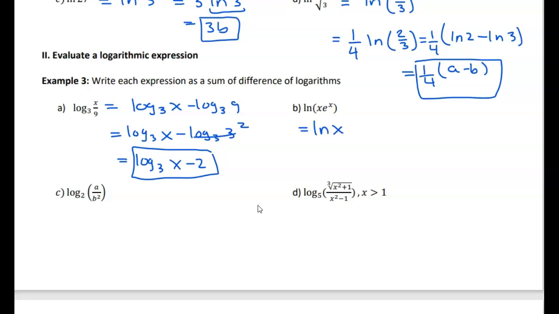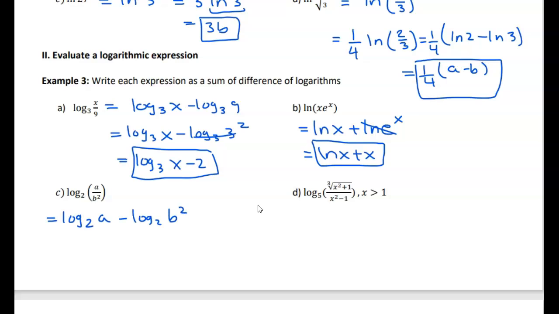So we have natural log of x plus natural log of e to the x. These bases match, so this is natural log of x plus x. Right. Part C, we have log base 2 of a minus log base 2 of b squared. Take this exponent in front, so log base 2 of a minus 2 log base 2 of b.